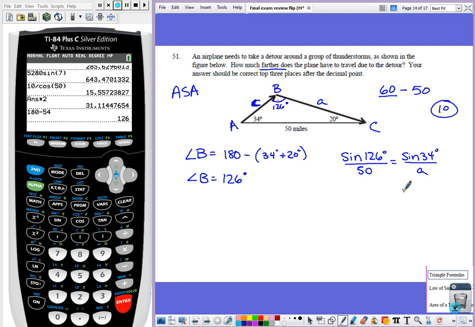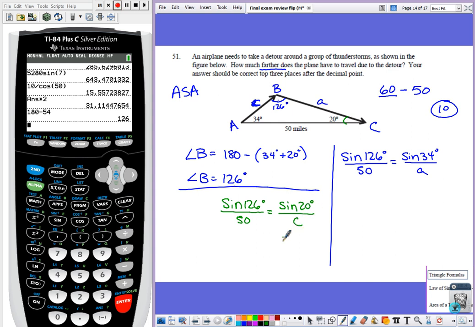So we can set up that proportion and work that out. For the other one, to find our side length C, we can set up the same proportion: sine of 126 degrees over 50 is equal to sine of angle C, sine 20 over C.